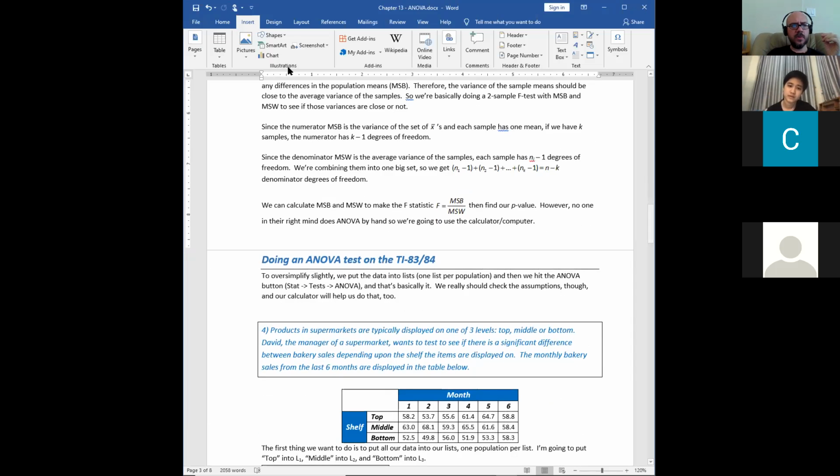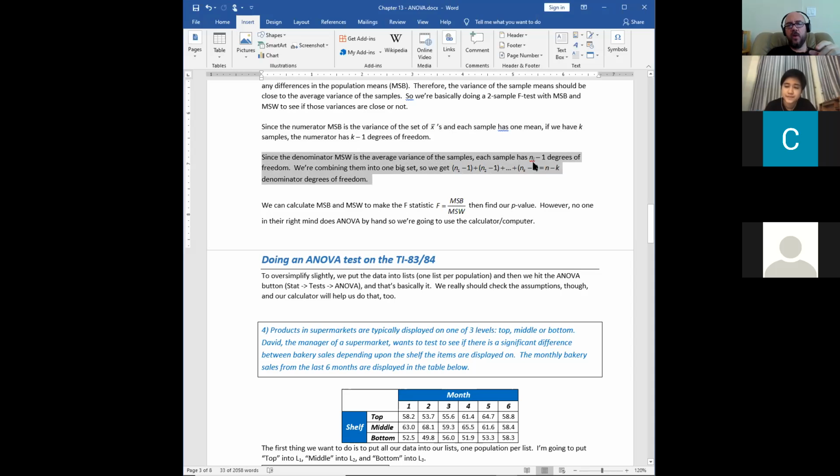So the numerator is pretty straightforward. We have k things in our set, so we have k minus 1 degrees of freedom. The denominator is the average of all the samples. Each sample has n sub i minus 1 degrees of freedom.